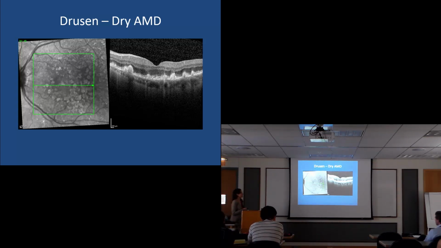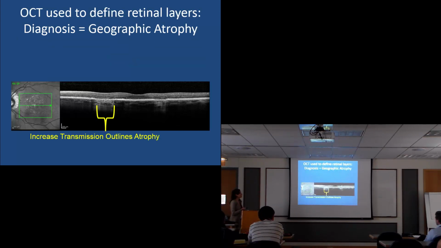And what we're doing is looking at these features called drusen. Where are they coming from? Where are they collecting? And when we look at geographic atrophy, what's the first layer that goes? Can we replace that? Can we stop this progression? How is it extending? That's really where we're looking to try to put, should we put stem cells right here at the margins?